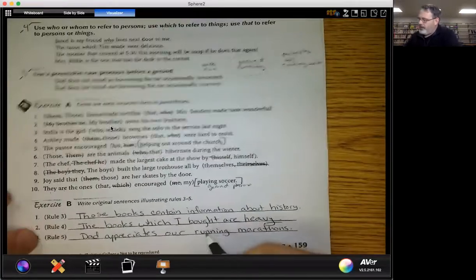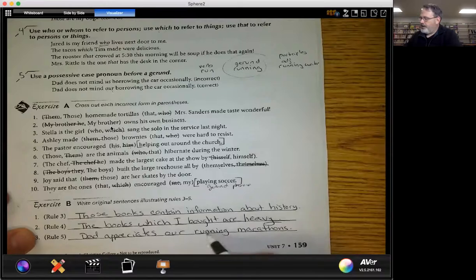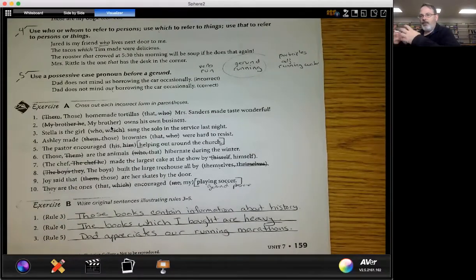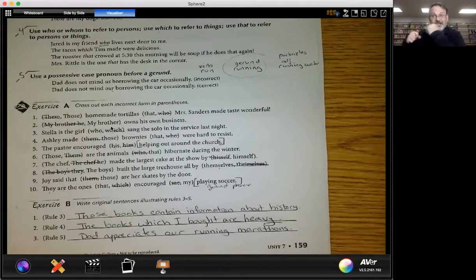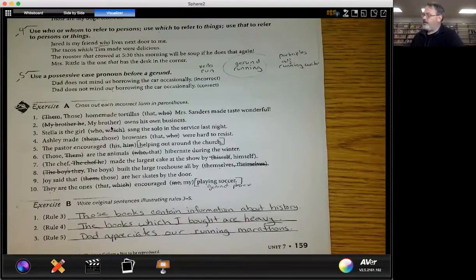Okay, so we've got this gerund phrase here, and we are supposed to use the possessive case, like our books, our dad, our running marathons. That's possessive, so we have to use our in front of a gerund, and that's our demonstrating of that.